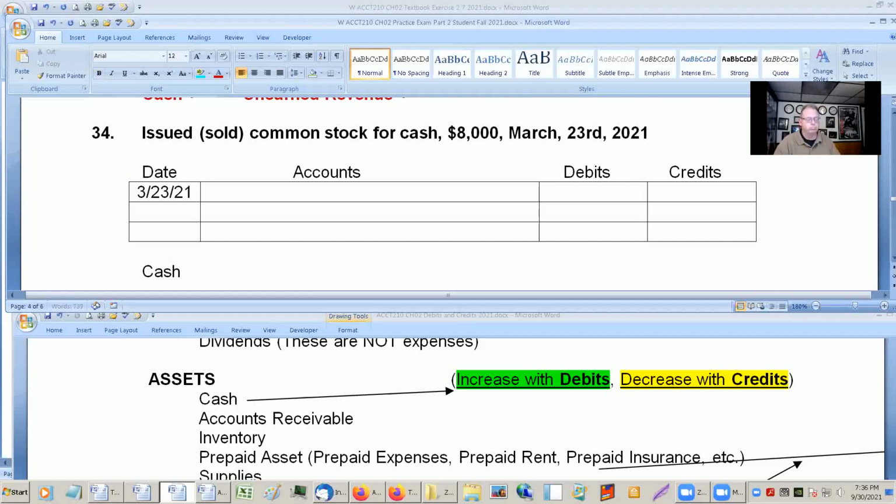Cash going up, common stock going up. You sold it, you make the money. So we got more cash and we also have more stock. Exactly, more stock. Debit, credit. Cash is going up, so it'd be a debit.